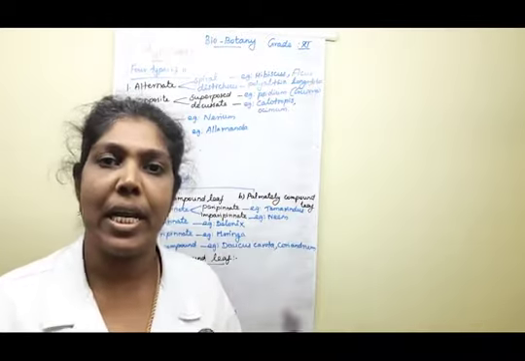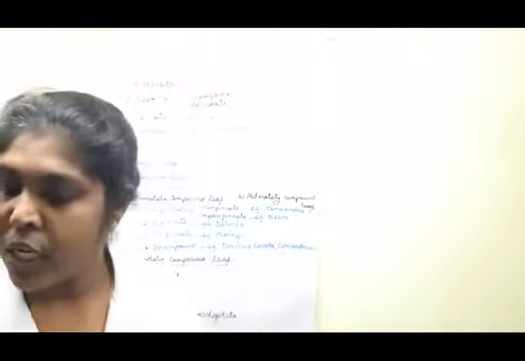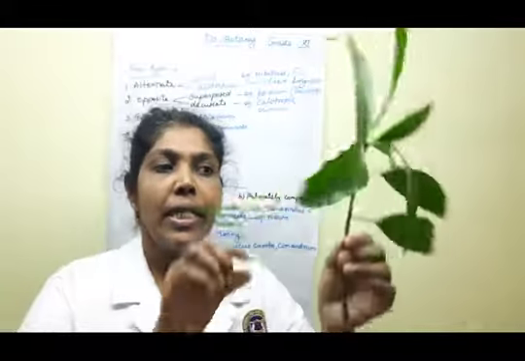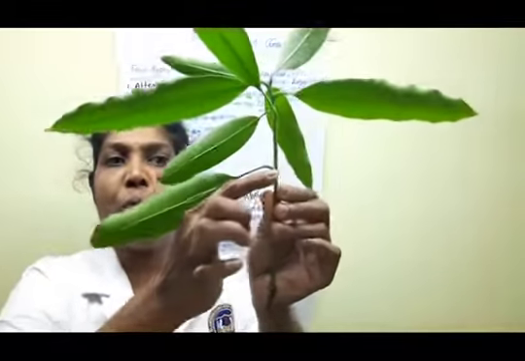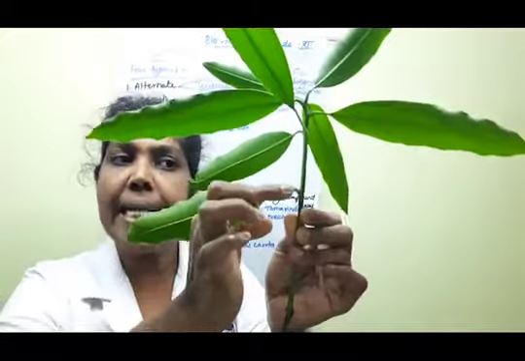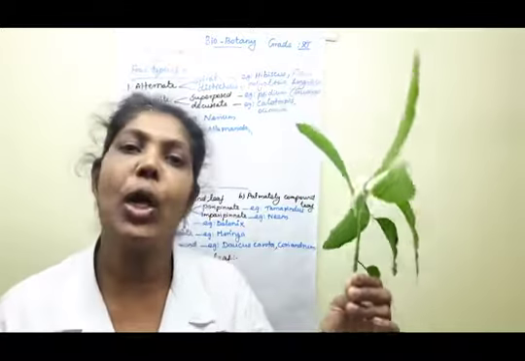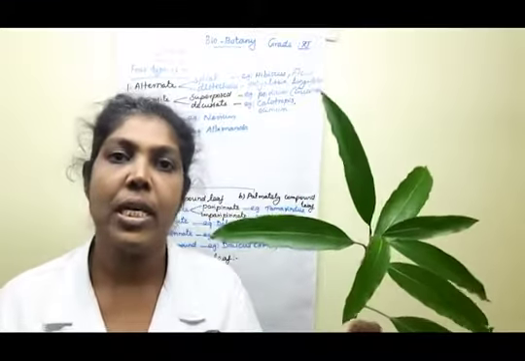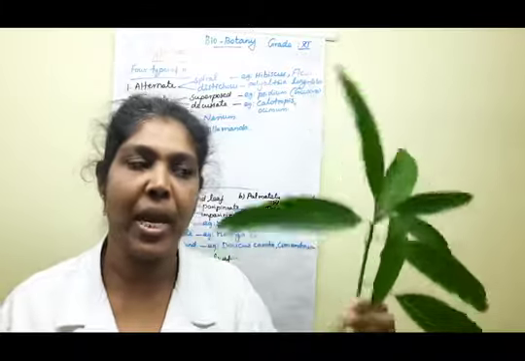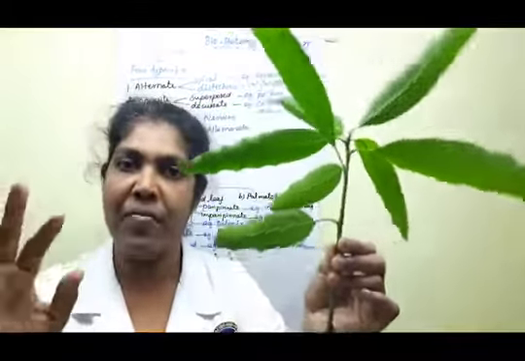Alternate phyllotaxy. Alternate means, here at the nodal part the leaves arise. Clear? At each nodal region only one leaf arises, present in an alternate manner, which is known as alternate phyllotaxy. Each nodal region has only one leaf.